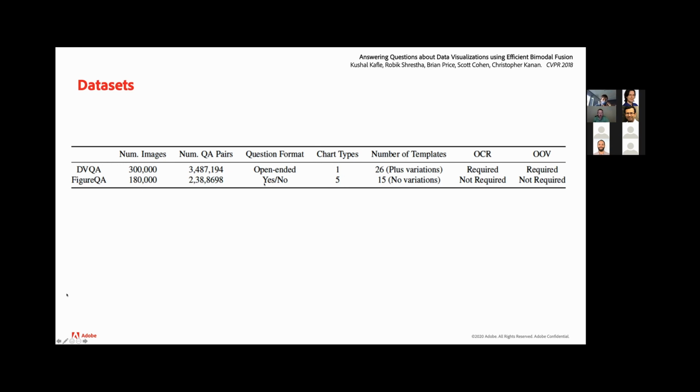However, all questions of FigureQA were yes or no, while we had open-ended questions. And they didn't require any OCR or out of vocabulary understanding, which we required. And we actually had more templates, and so we'd have a lot more variations in our bar charts than they would have. And they had 15 essentially templates over the 5 different charts, while we had 26 over just the one. So that's the difference, and we wanted to look at tackling both of these.